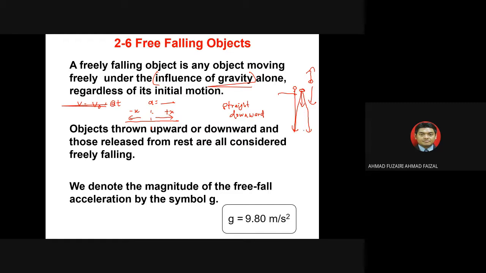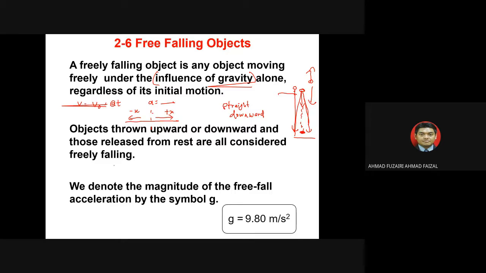So when we try to release the stones on top of a tall building, maybe the stones will occasionally move away from the original position of where it should land on the ground. So this is what physics needs to assume.